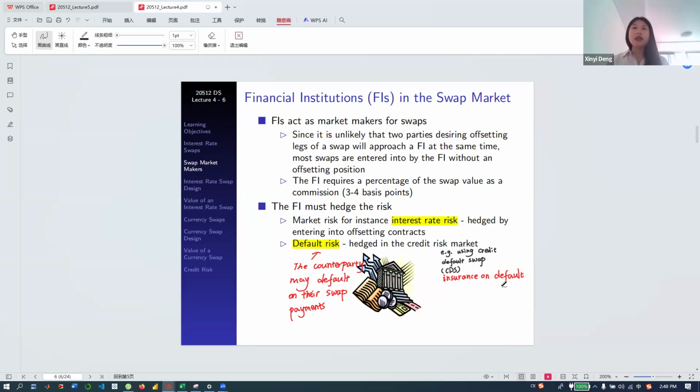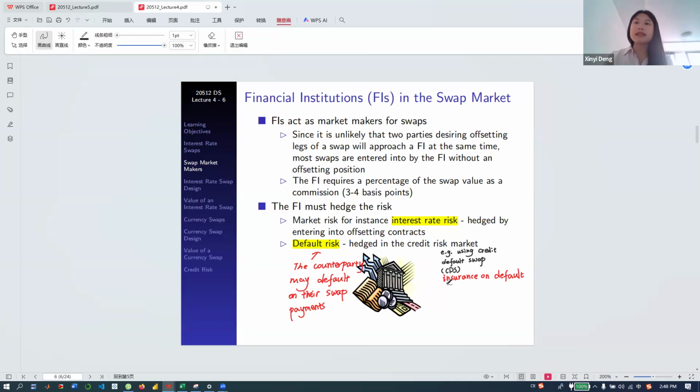So basically the financial intermediary will enter into a derivative contract with another, perhaps another financial institution. And that institution promises to pay our market maker of the swap in the case of default events.